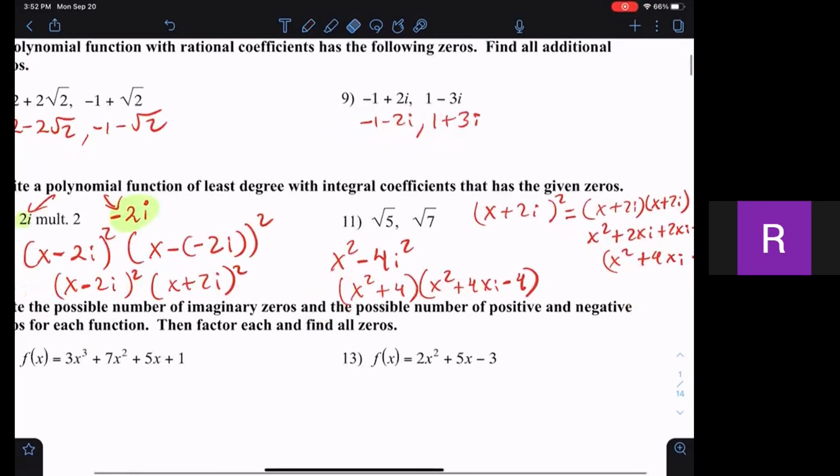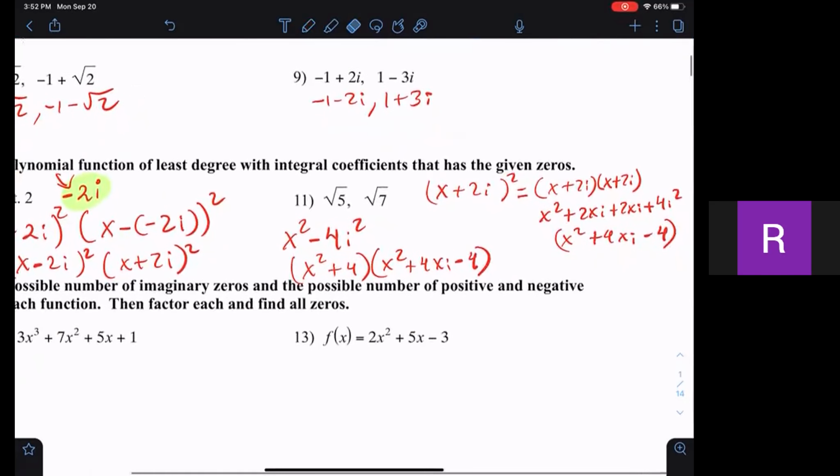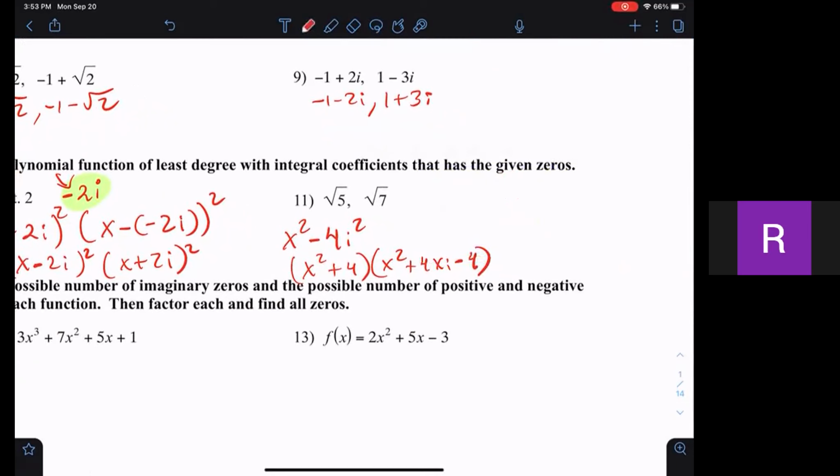You need to expand this thing. So let's do that. So this is x to the 4. I'm doing these 3 times, right? And then this is going to be 4x cubed i minus 4x squared.